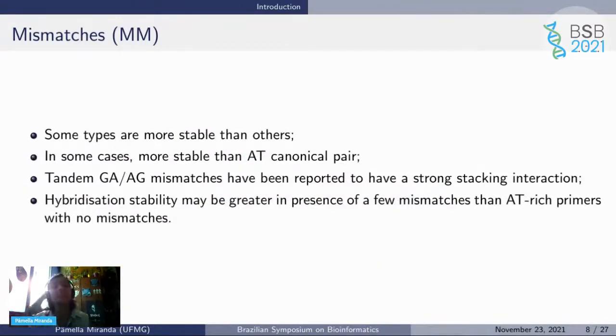However, some types of mismatches are more stable than others, even than the AT canonical base pair. And regarding our work about primers, when we have primers with a few mismatches, they may contribute to a stable hybridization in comparison to primers with no mismatches and with rich AT base pairs.